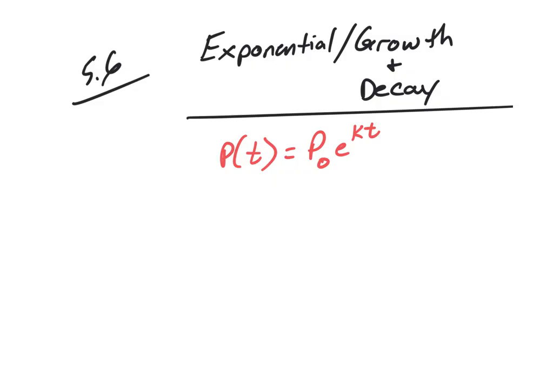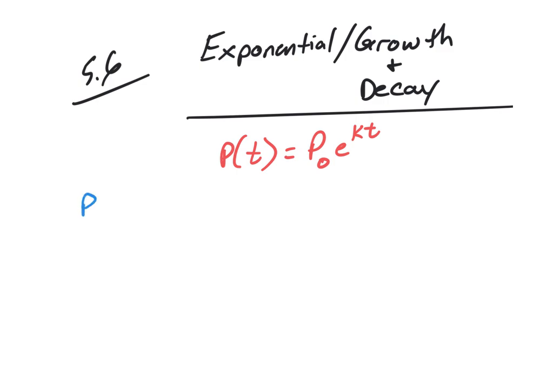You could talk about the virus, right? Like we saw a while back, where the number of cases grew exponentially. So those are all examples. Obviously we can do it with money, but we can do it with a lot of other examples as well, where we see some number of cases or the number of things growing or decaying exponentially.